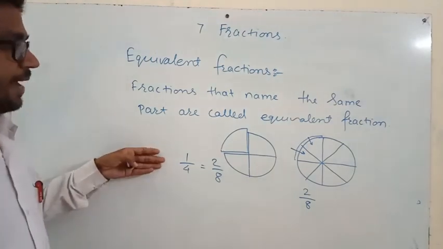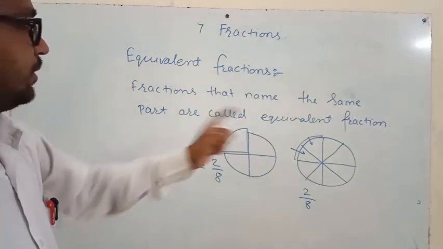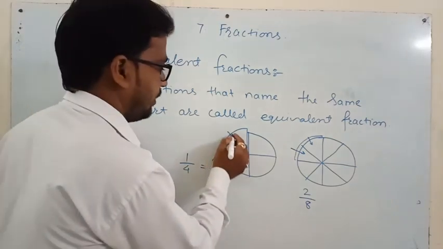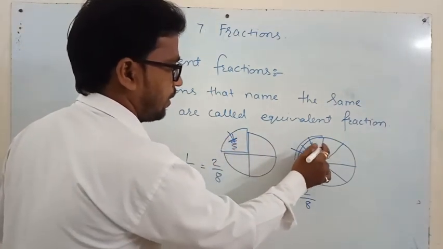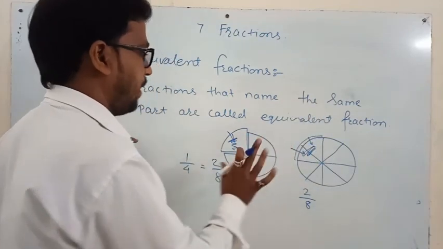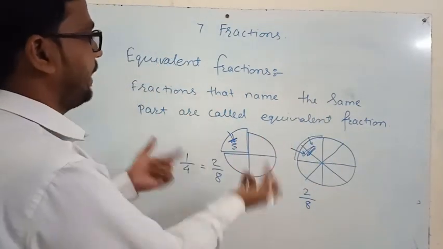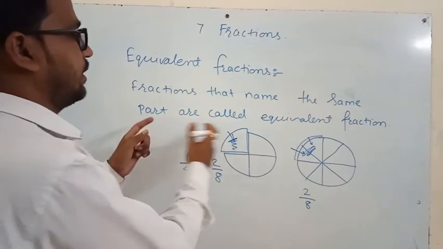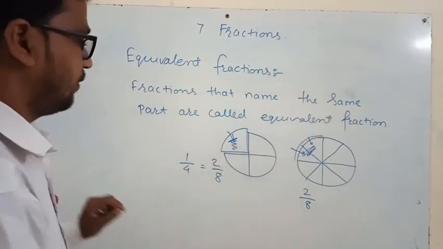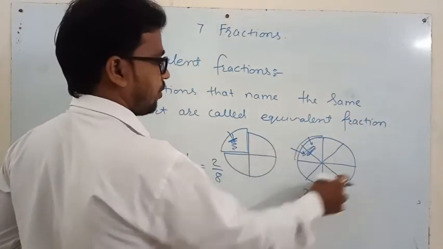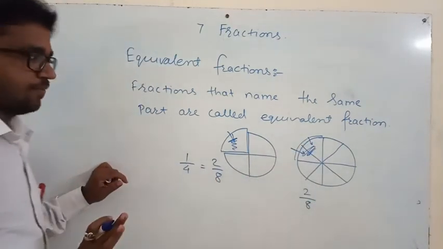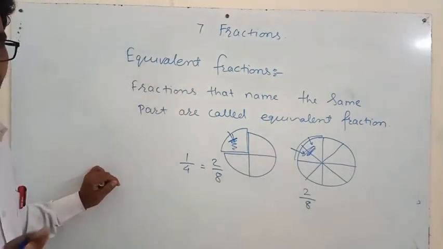So these are fractions that name the same part. If we name the same part with a different name, it is equivalent fractions. So one part from the 4 and two parts from the 8 are the same. So it is equivalent fractions.